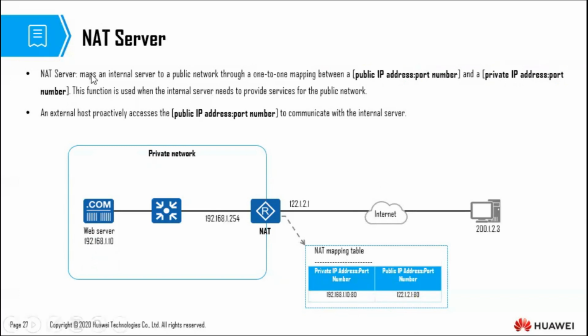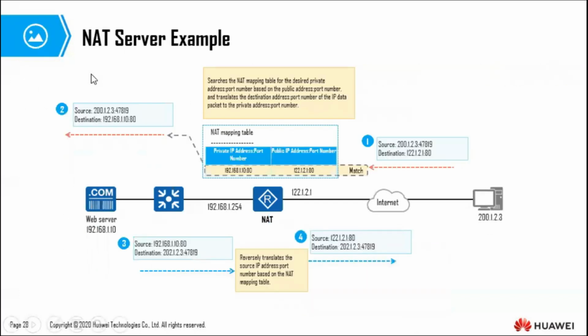Okay. So let's look at how that happens. We have a guy who wants to access our website. So they enter www.mmu.ac.ke. Within our network, we have a server where we've hosted our website. It's called a web server.